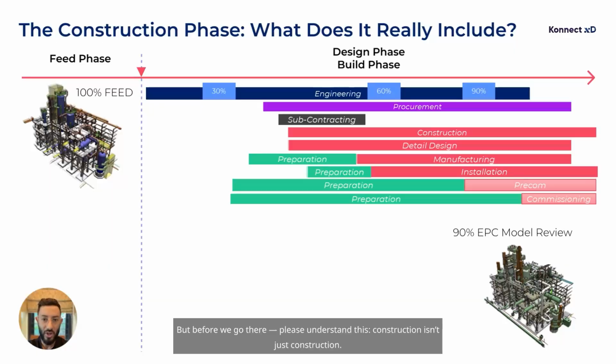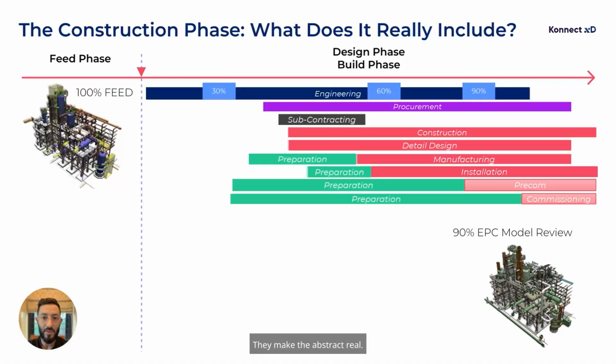Construction isn't just construction. In fact, constructors are responsible for transforming the engineering model into something buildable, fabrication grade. They take that 3D model and break it down into actual spools, actual welds, real piece marks, steel structures. They make the abstract real.